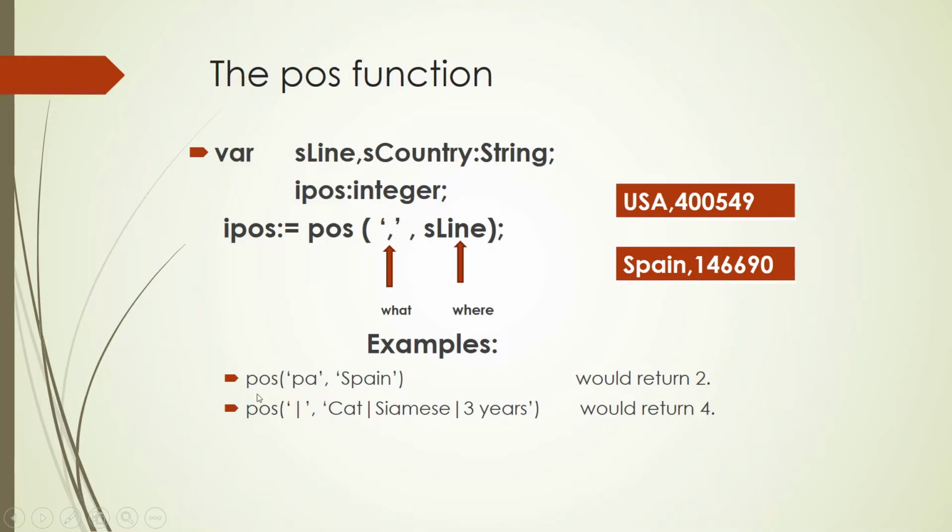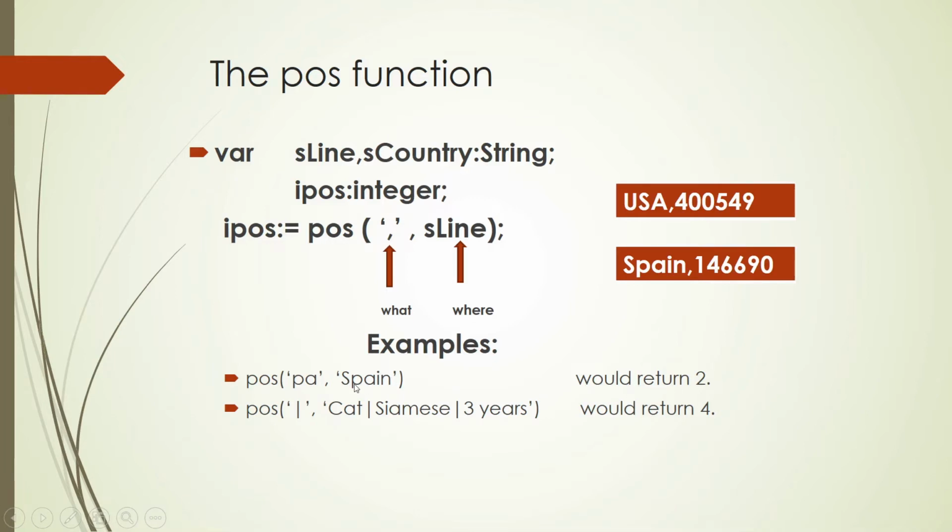So let's look at another example. In the string literal Spain, I want to find the position of a substring, not just a single character, but a substring. So if I was searching for PA in the literal Spain, it will return found at position 2.